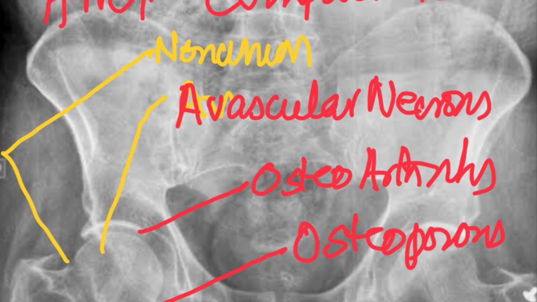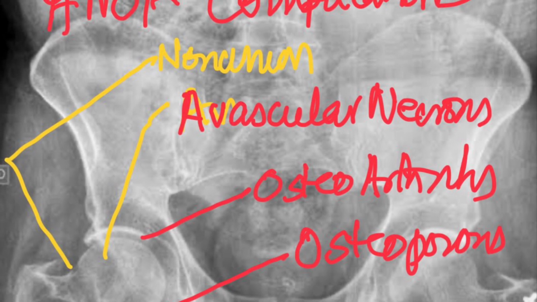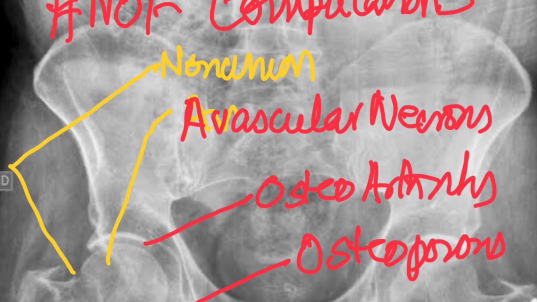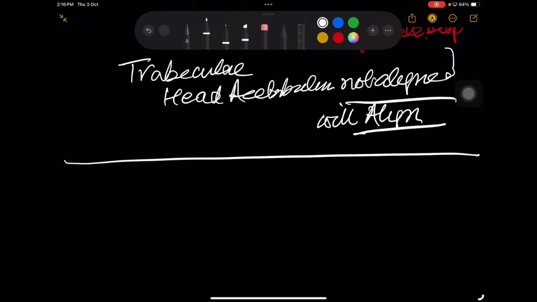And finally, if there is an old case, whether there is non-union, avascular necrosis, osteoarthritis or osteoporosis.